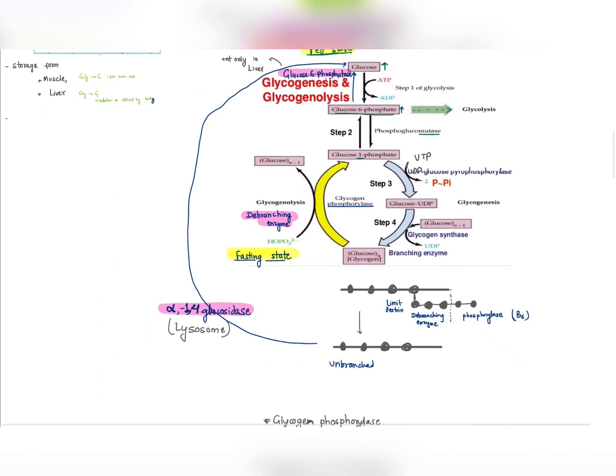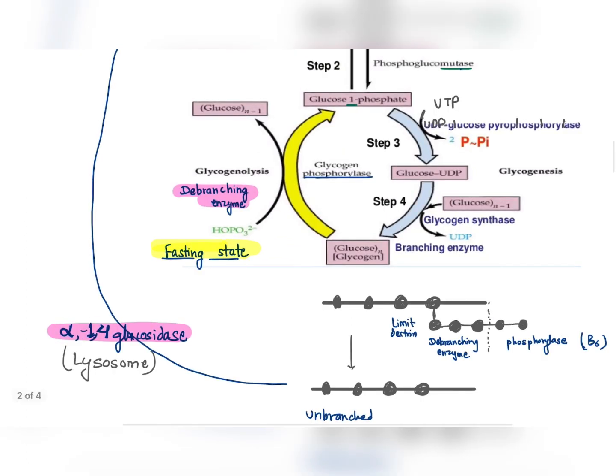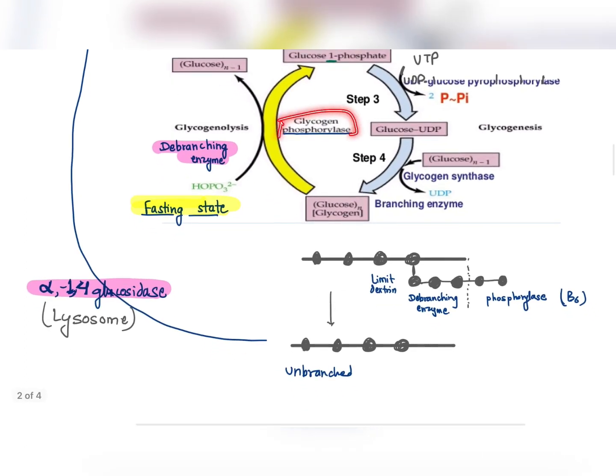Now let's see. As I have already told, glycogen storage disease is a disorder of glycogen breakdown or metabolism. So, what are the enzymes of glycogen metabolism which can be deficient? First of all, the most important enzyme is glycogen phosphorylase.